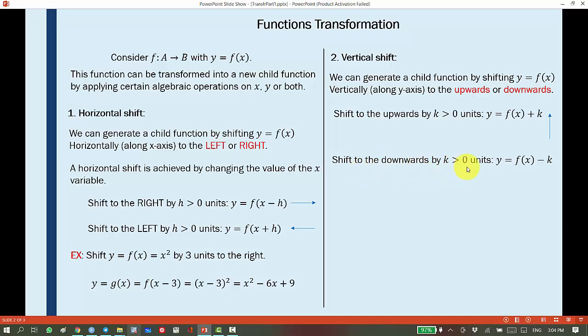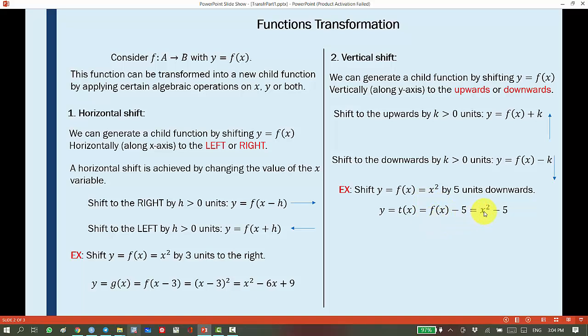Shift k units downwards is achieved by subtracting k from y, that is y is equal to f of x minus k, is a child function which is achieved by shifting the parent function k units downwards. For instance, if we consider again this quadratic function y is equal to x squared and shift it 5 units downwards, what we do is we simply subtract 5 from the value of y, that is t of x, which is the child function, is equal to f of x minus 5.